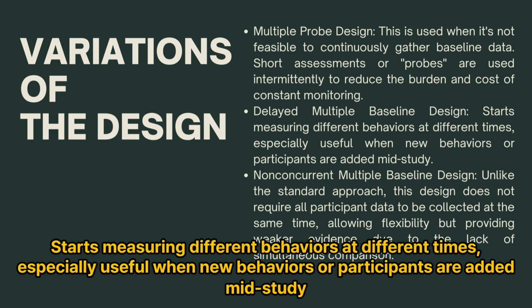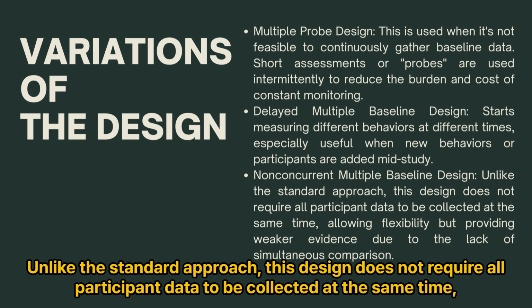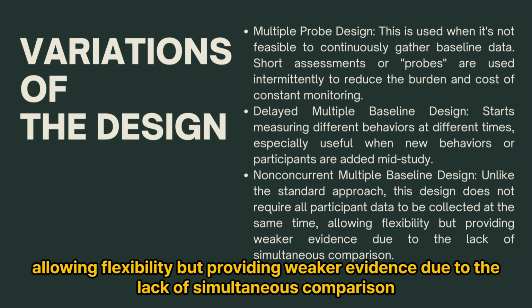Starts measuring different behaviors at different times, especially useful when new behaviors or participants are added mid-study. Non-concurrent multiple baseline design. Unlike the standard approach, this design does not require all participant data to be collected at the same time, allowing flexibility but providing weaker evidence due to the lack of simultaneous comparison.